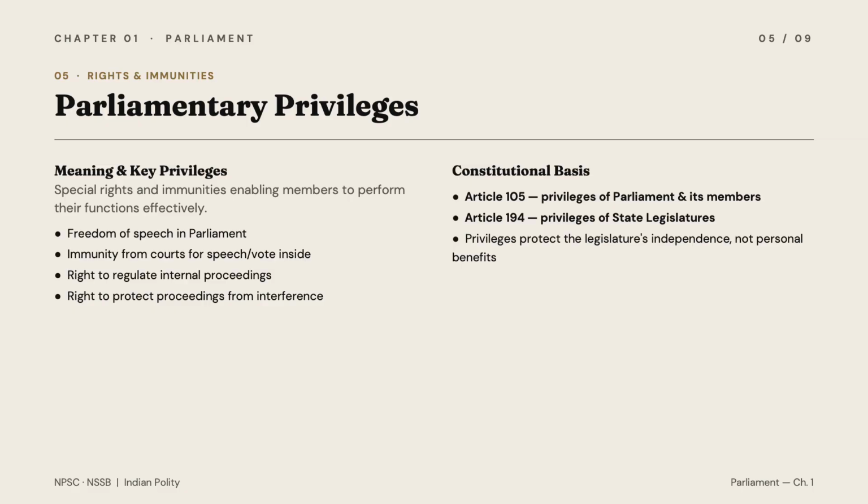Okay, so the right to regulate internal proceedings, they have their own freedom to regulate the internal proceedings. For example, they introduce this, they continue to use the Zero Hour, right? So that's an internal proceeding.